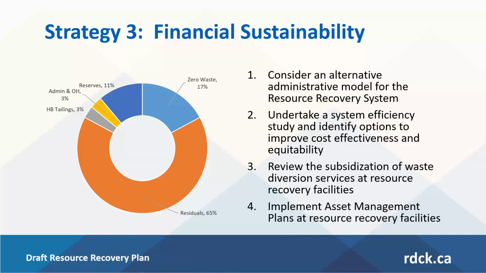Three subregions makes it very complex to manage. Two, undertake a system efficiency study and identify options to improve cost effectiveness and equitability. Three, review the subsidization of waste diversion services at resource recovery facilities, and implement asset management plans at resource recovery facilities.